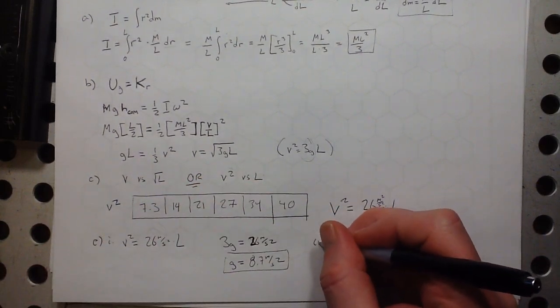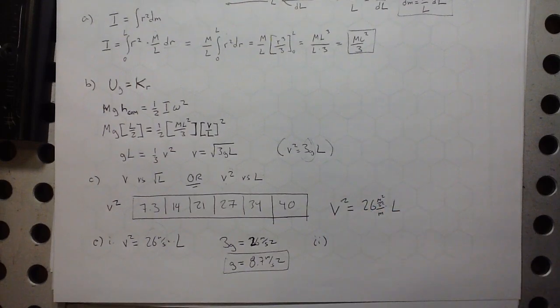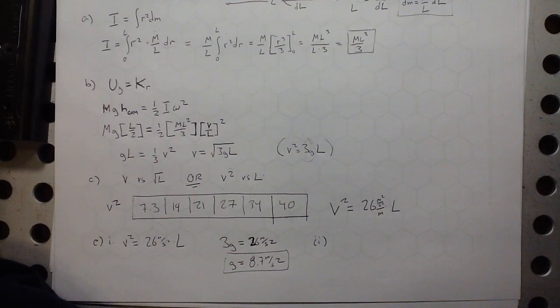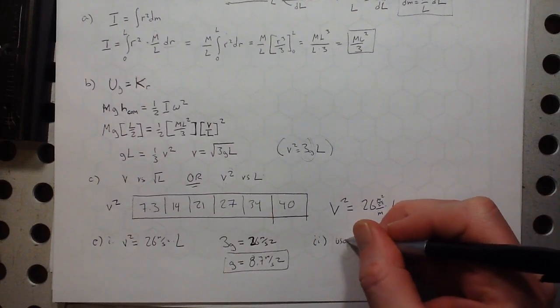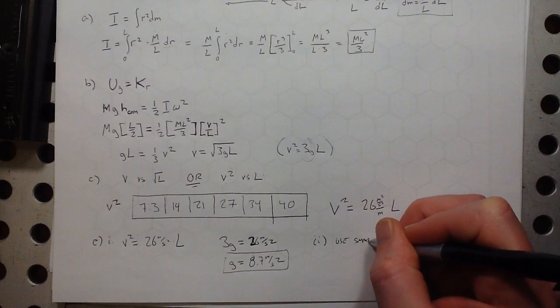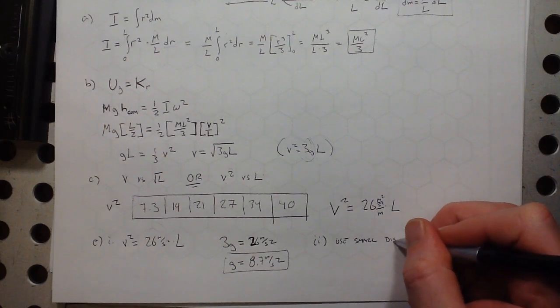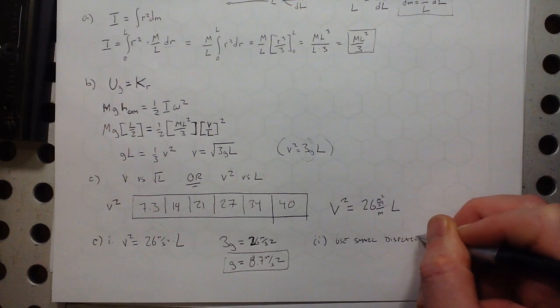And then in E part 2, they want to know, describe 2 ways in which the effects of air resistance could be reduced. Well, the first thing that I would think of would be to use small displacements.